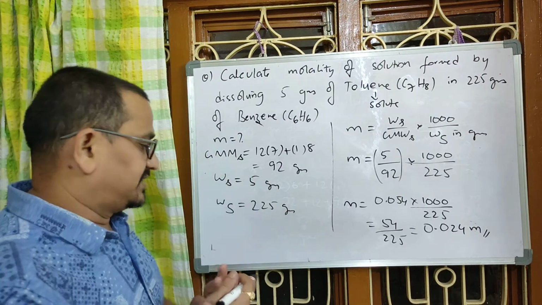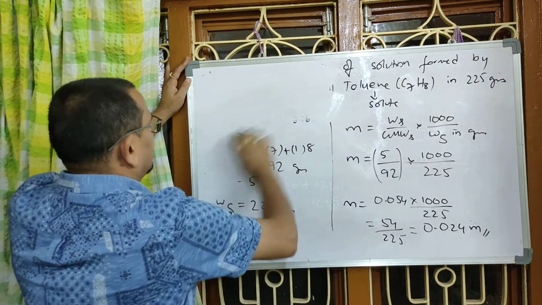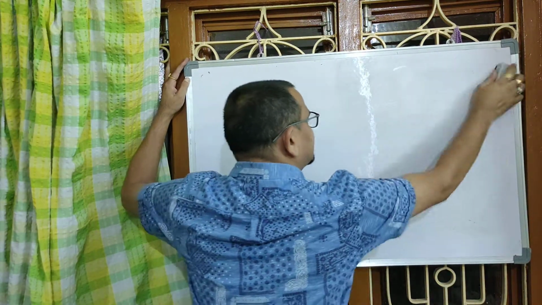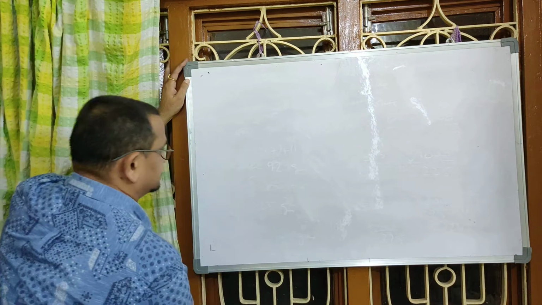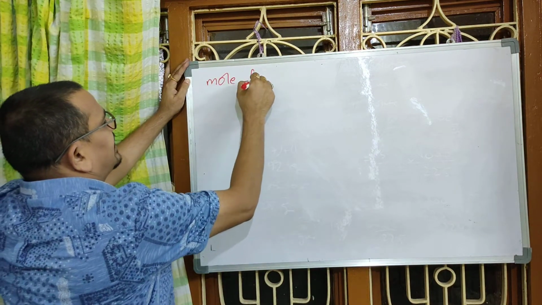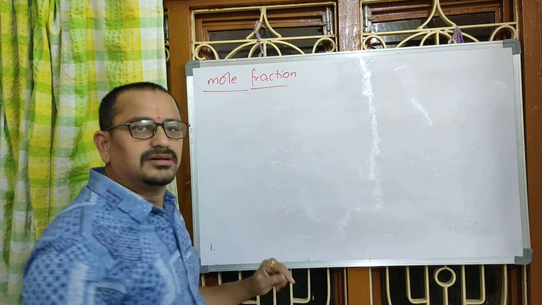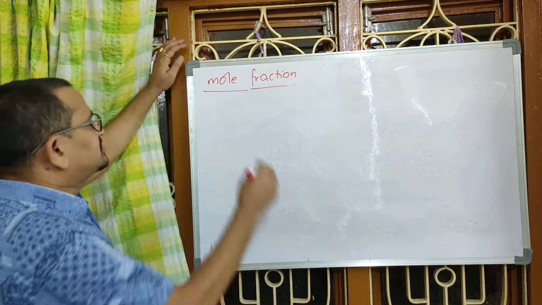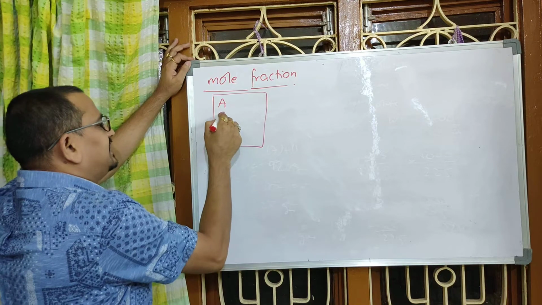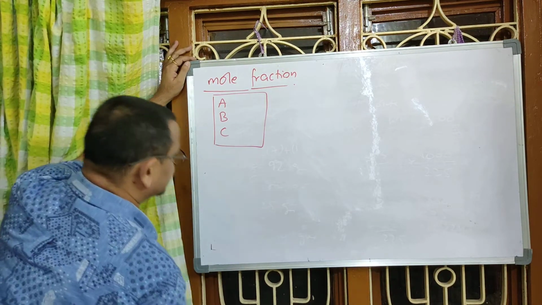This is one method. Now our next topic is the next method of expressing concentration, that is mole fraction. Suppose you are given a mixture of two components, or three components, A, B, C. Three components, a mixture of three components is given.